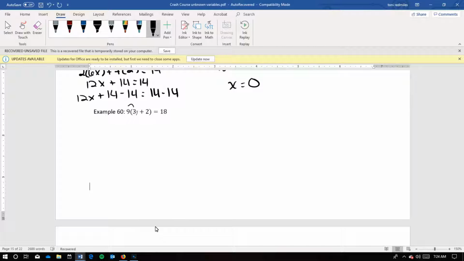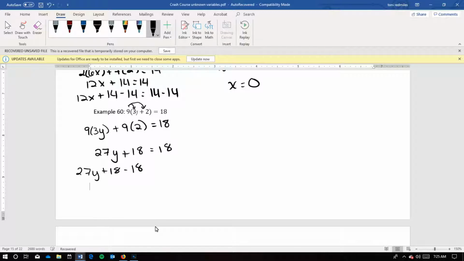All right, so let's multiply this through. 9 times 3 is 27y, and 9 times 2 is 18. Again, 18 is being added, so I'm going to subtract it and watch what happens.